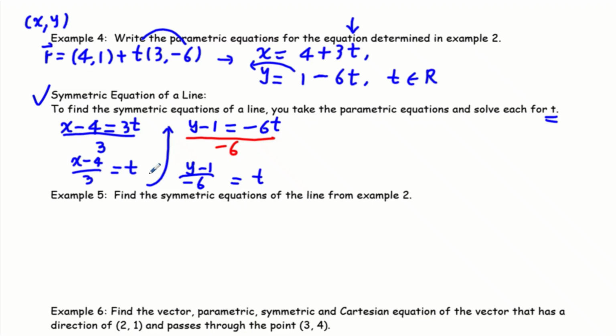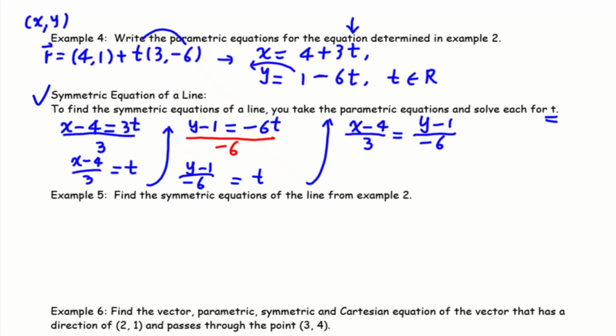Then from these two equations, we want to write them as left side equals right side. So (x minus 4) over 3 equals (y minus 1) over negative 6. This is called a symmetric equation.